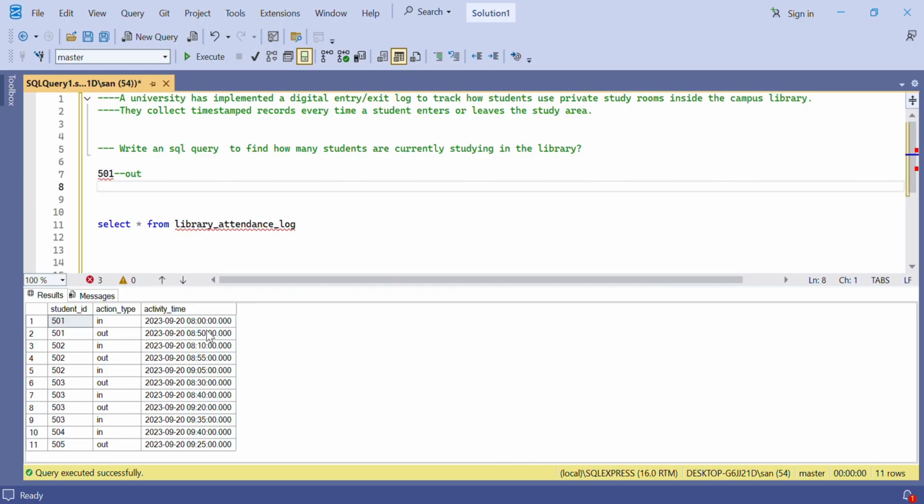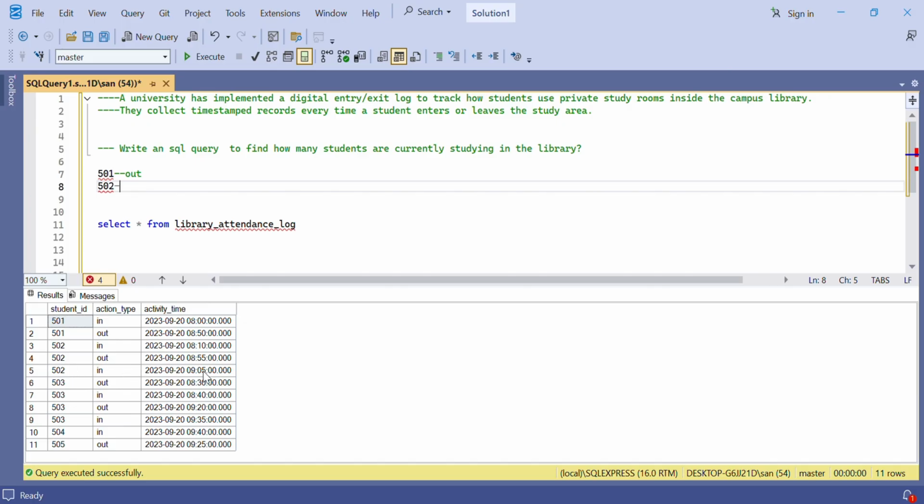Then student ID 502: he enters at 8:10, he leaves at 8:55, and he enters again at 9:05.